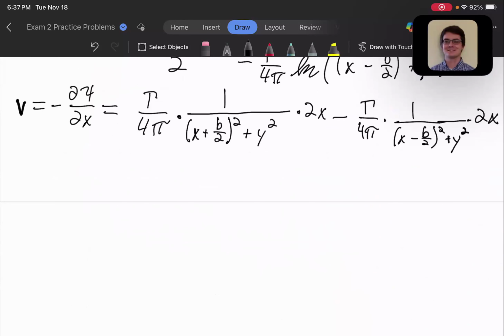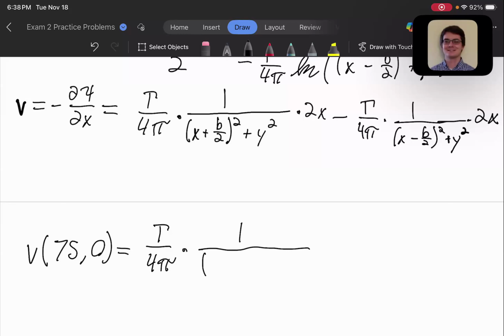So what we're going to say is b at 75, 0 equals gamma over 4 pi times 1 over 75 plus, what is this? 100 over 2 squared plus 0 squared.